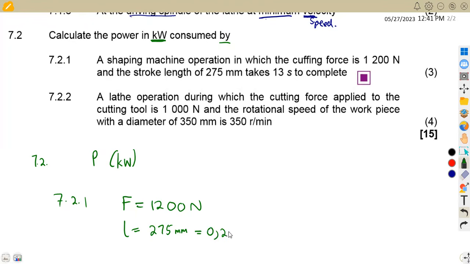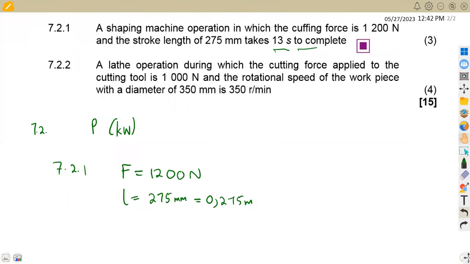This will be 0.275 meters. And it takes 13 seconds to complete, so we are given the time in seconds.